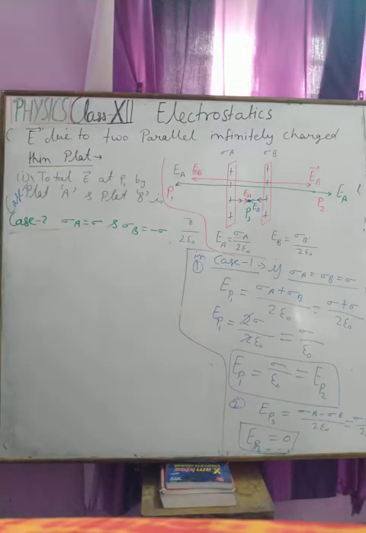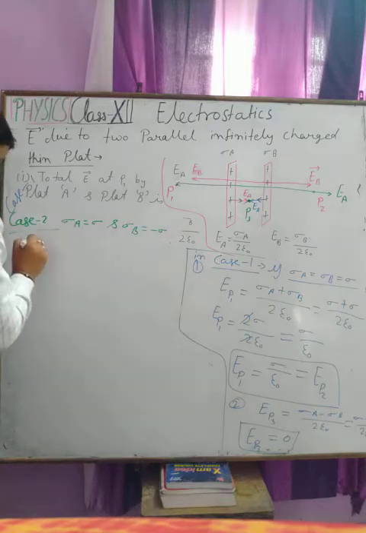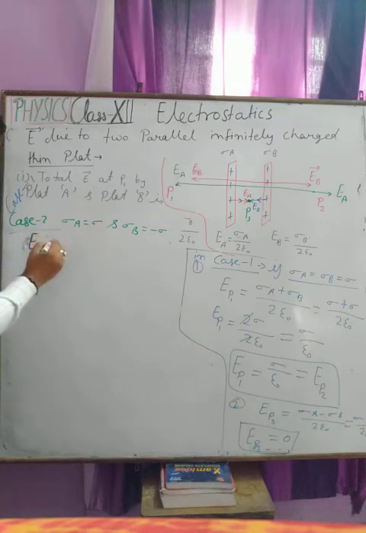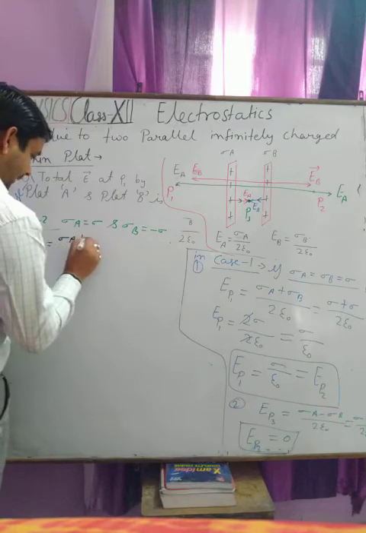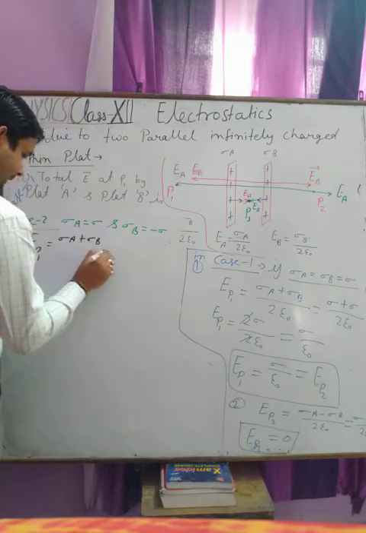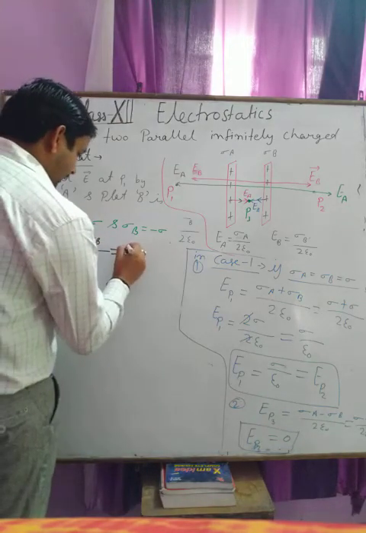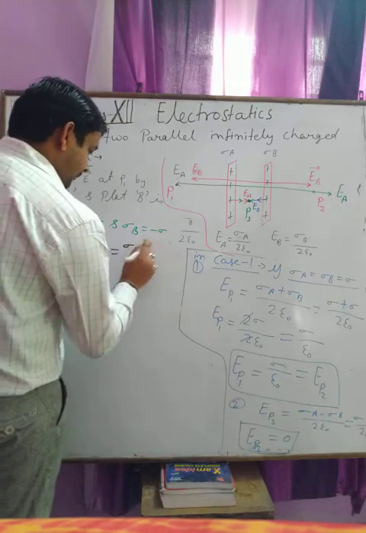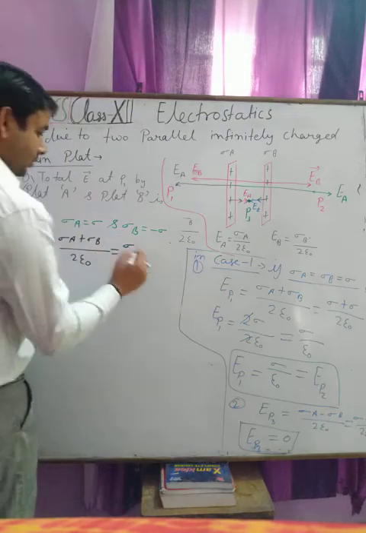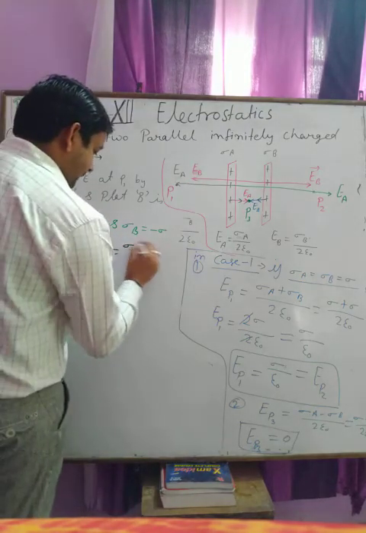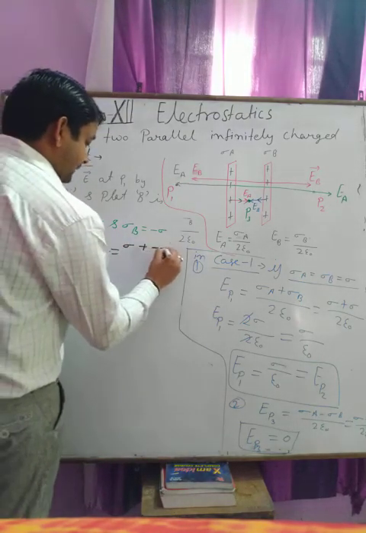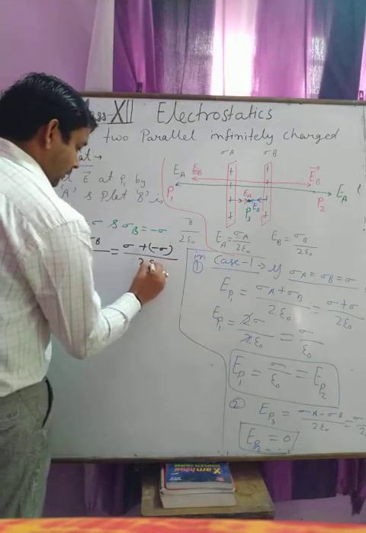Okay, now what we get here, EP1, we have the result sigma A plus sigma B upon 2 epsilon naught, and we have the value sigma A is equal to sigma, and sigma B is minus sigma upon 2 epsilon naught.